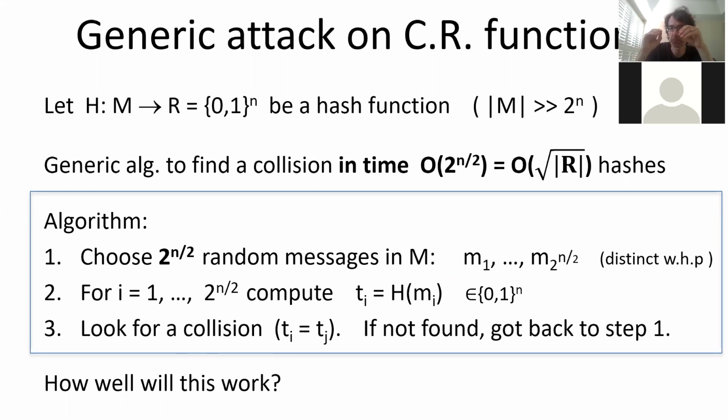So on random inputs, it basically creates random outputs. Then every time I pick an input at random, I sample from the output space at random. So therefore I get a collision with this bound by the birthday probability.